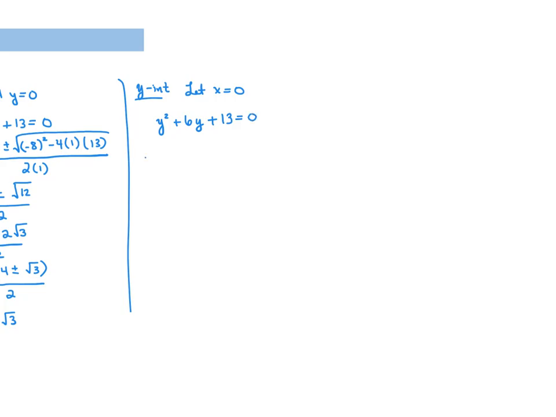Again, this does not factor, so we'll write our quadratic formula. y equals, this time, negative b plus or minus the square root of b squared minus 4 times a times c all over 2a.